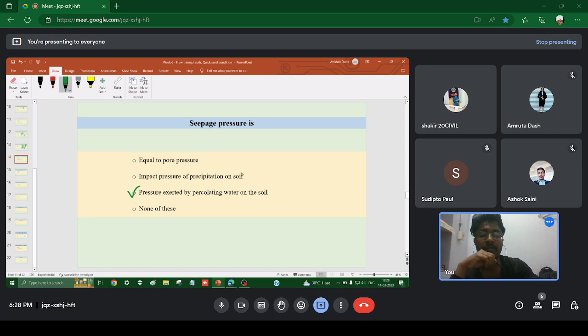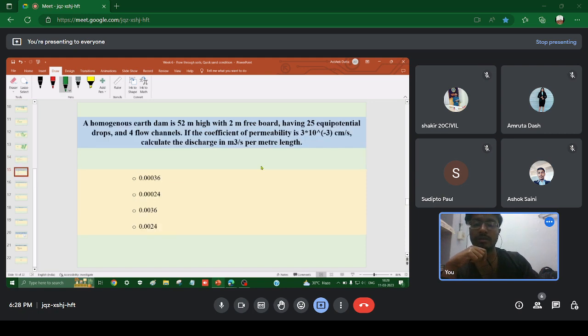It is basically rainwater which causes runoff and infiltration. And equal to pore pressure? Pore pressure is static pressure, the presence of water in the pores. Seepage is when the water is moving through the pores in the soil. So that is not equal to pore pressure, which is static pressure. So pressure exerted by percolating water in the soil is called seepage pressure. Good.